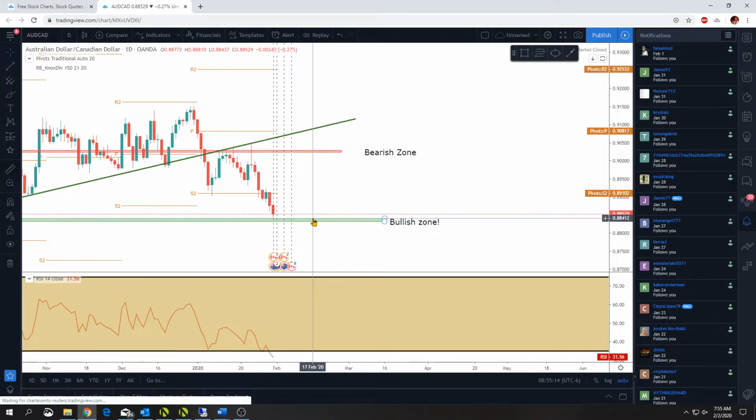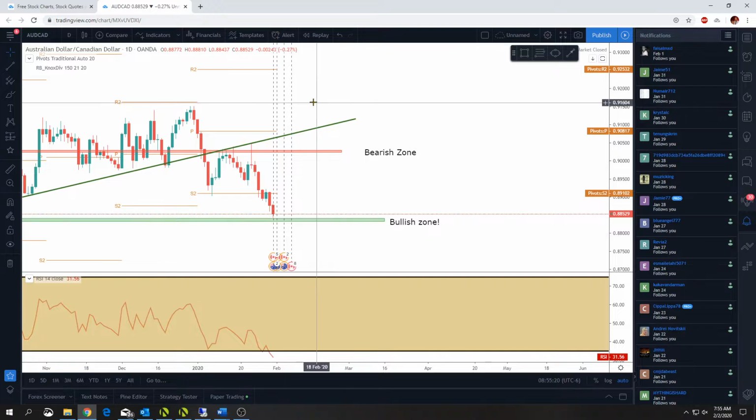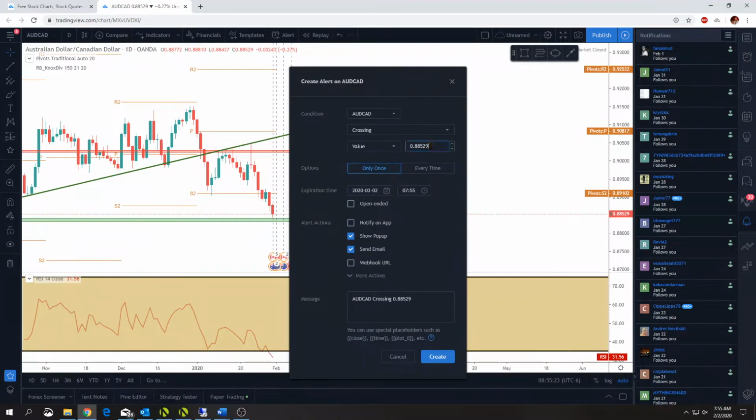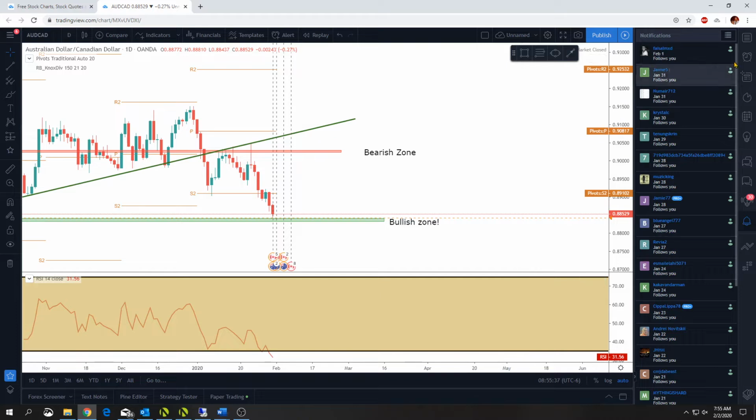I'm going to put an alert right at that former bottom at 88423. We're going to put an alert there, and we're going to put in the notes here, looking to buy. That way we don't miss this one.